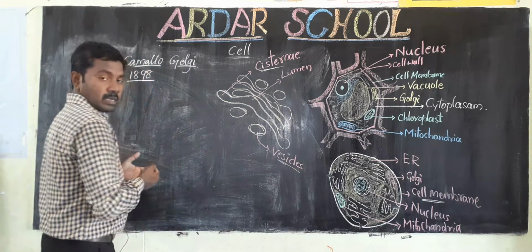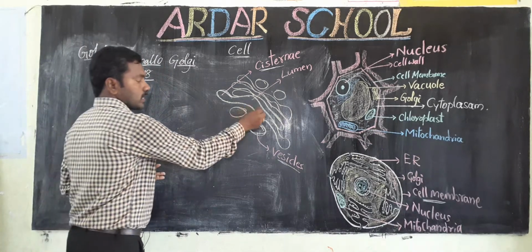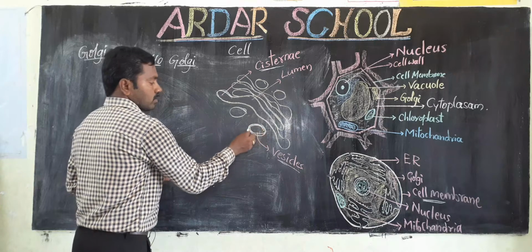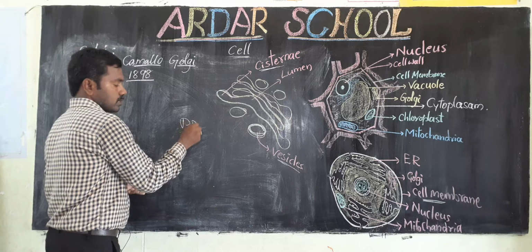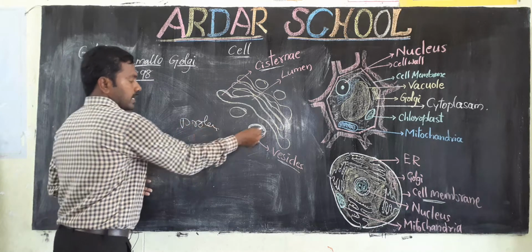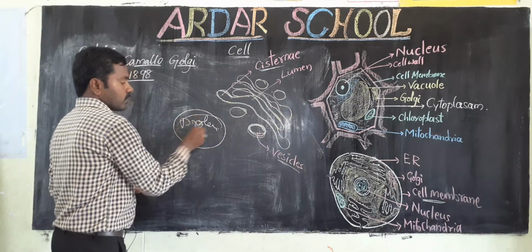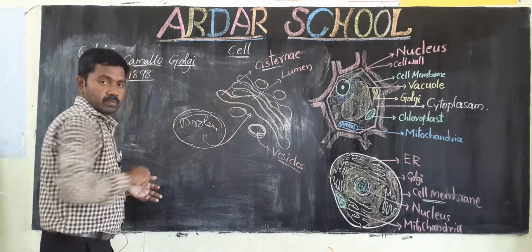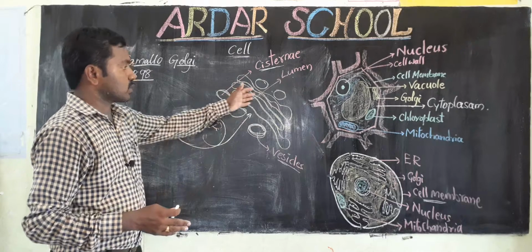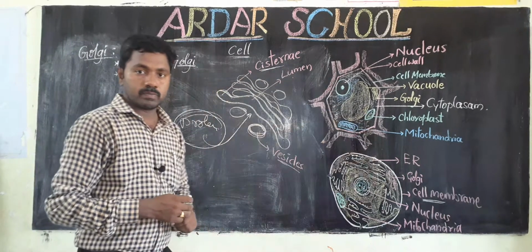Those are collected and stored here. They are collected through the vesicles, transferred to the Golgi bodies and stored here, before being transferred to other cell organelles.